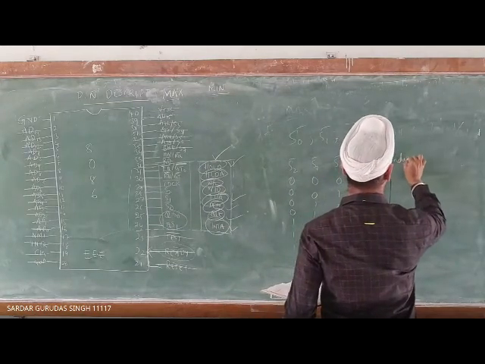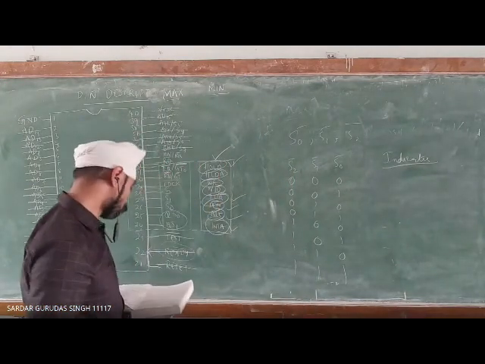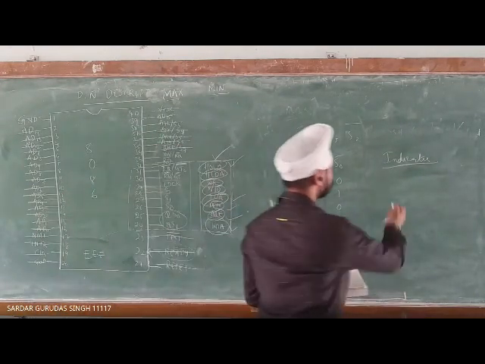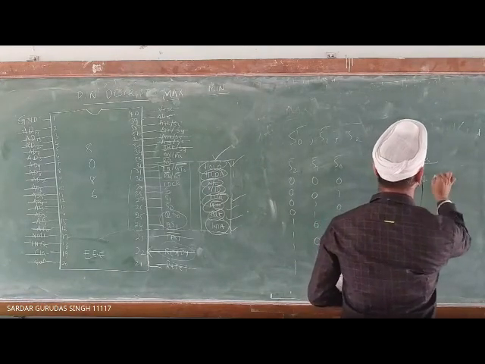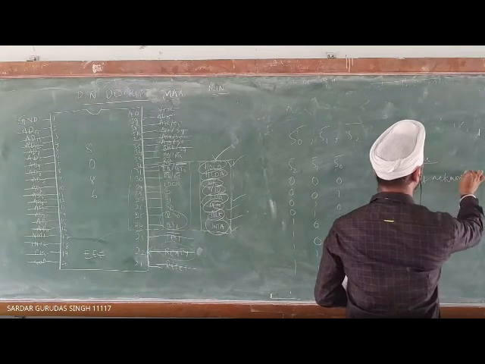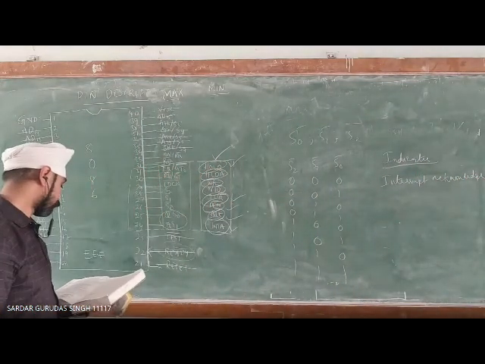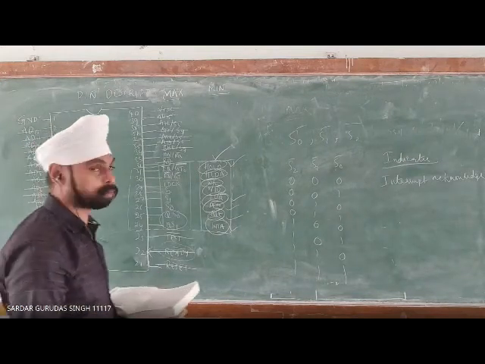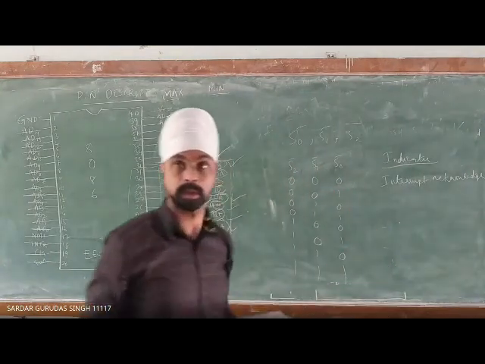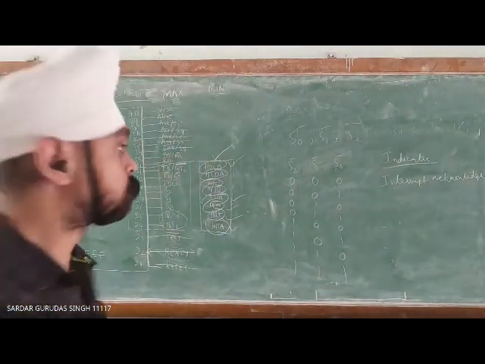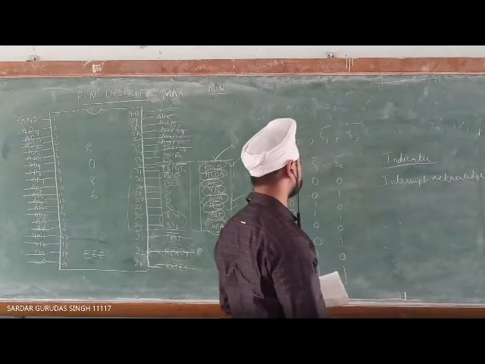If all these signals are low, it means that your processor has acknowledged the interrupt. Okay. If all are 0, it indicates that your processor acknowledged the interrupt.